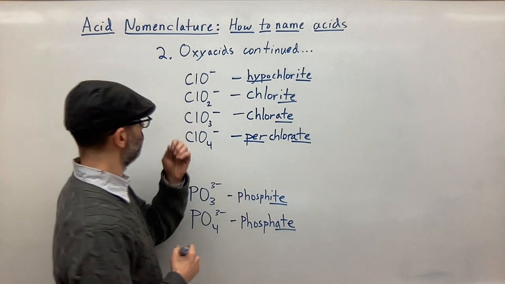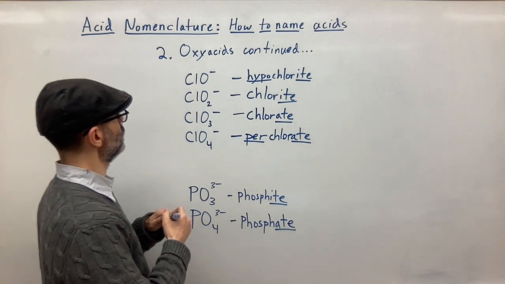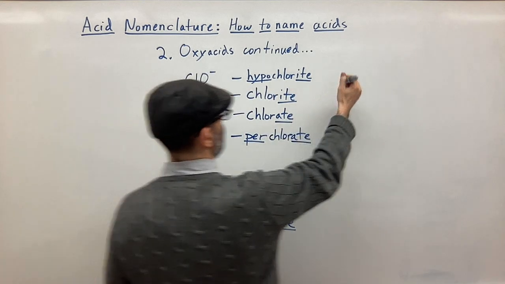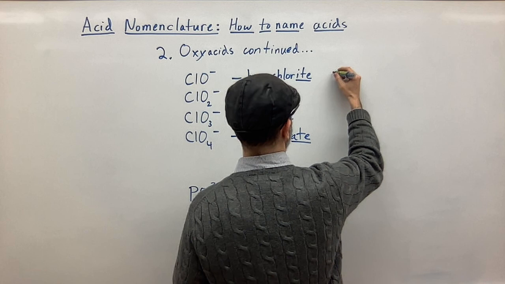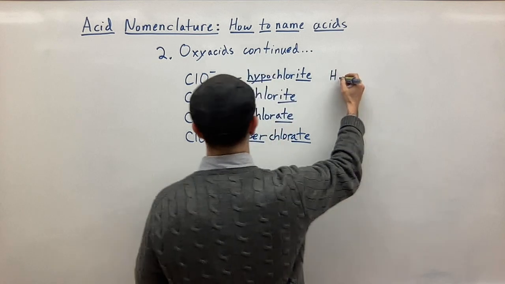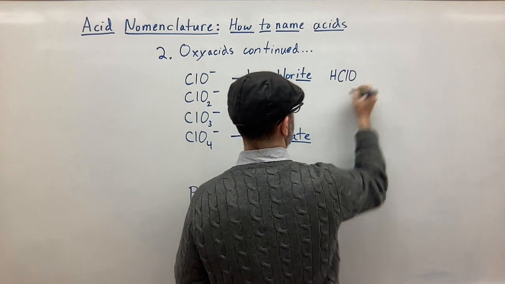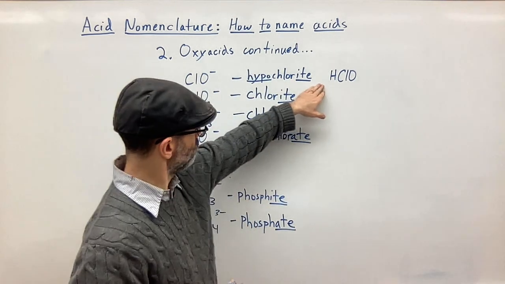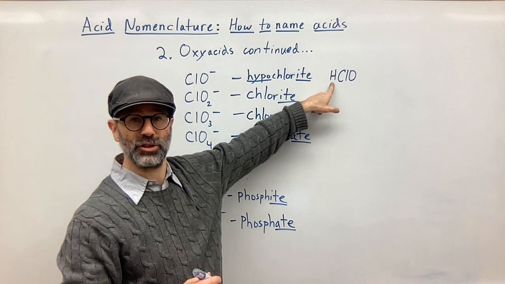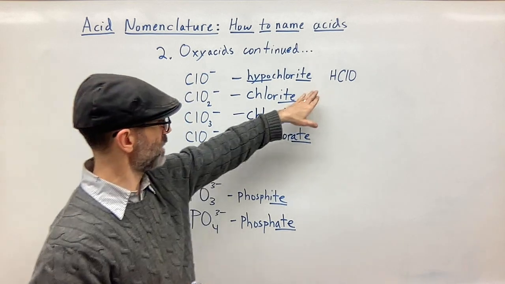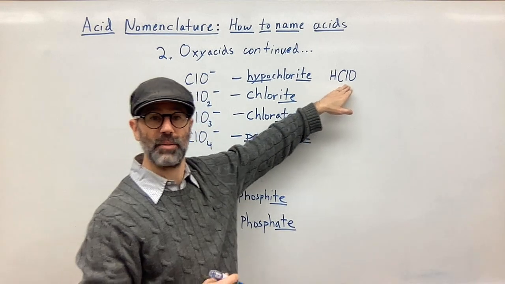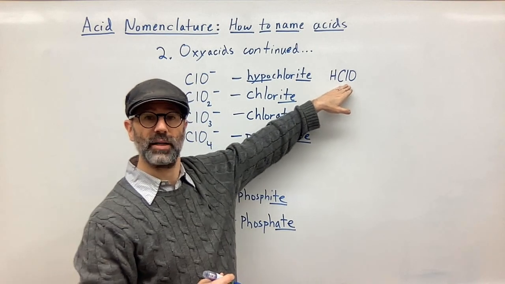So if I have my acid, let's say my acid is HClO. HClO is the acid. Notice that it begins with hydrogen. So it's an acid. And notice that the rest of it is a polyatomic ion, ClO, right?